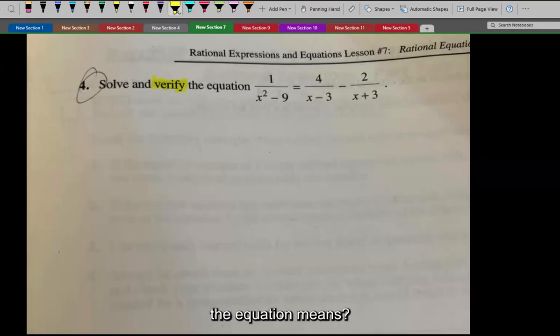What do you think, Teja, the word verify the equation means? To check if the answer is right. And where is the answer? This is the answer. You know, in previous questions, the statement of the problem was just solve or simplify.